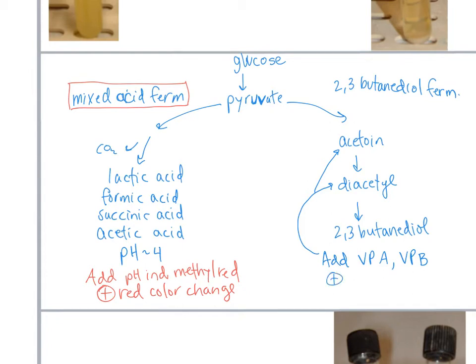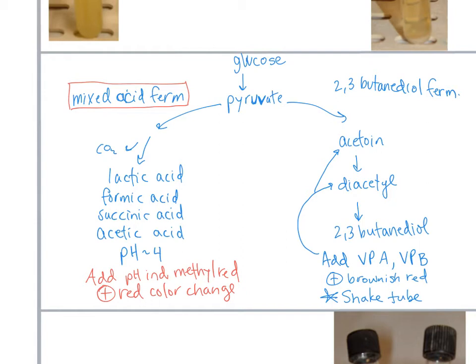You're looking for kind of a brownish red color change here. And it's really important, make a note here, you want to shake that broth tube when you add the reagents, because the VPA and the VPB react much quicker with the diacetyl in the presence of oxygen.